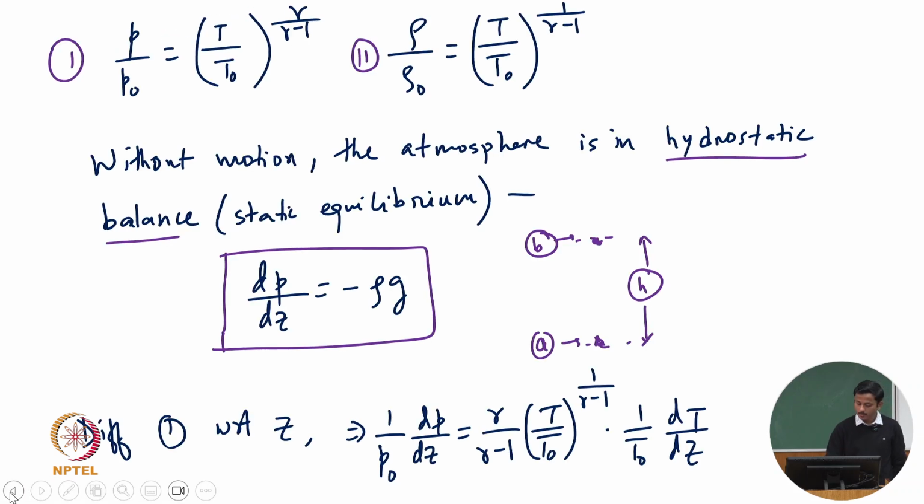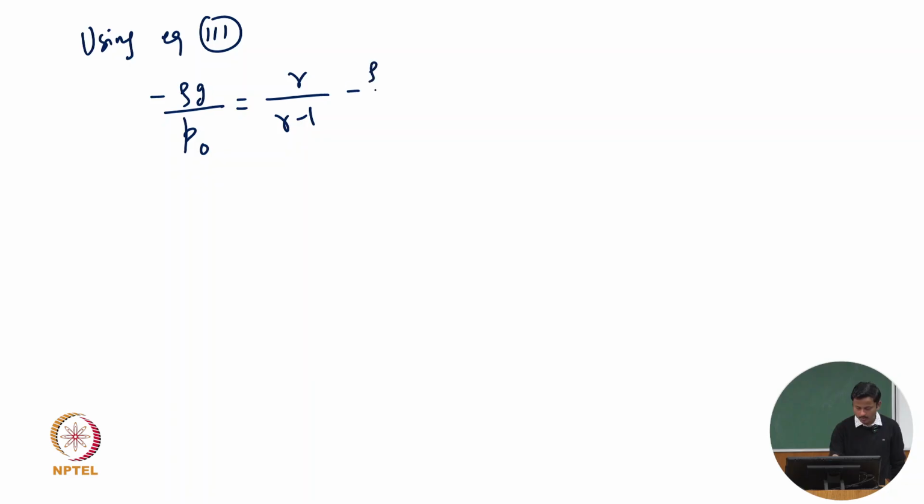So using equation 3, let's name it, this is the third equation, that is the hydrostatic balance. So using equation 3, we have minus rho g by P naught equal to gamma by gamma minus 1 times rho by rho naught times 1 by T naught dT by dZ.